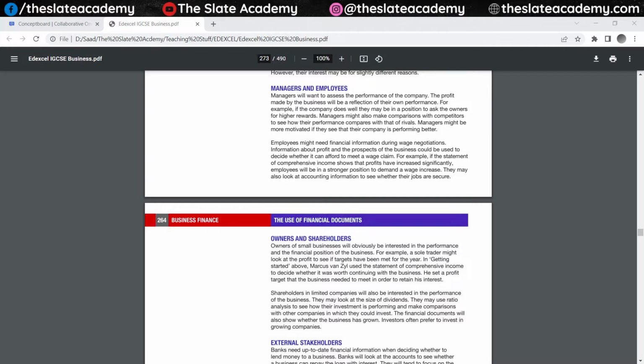The bonuses of employees and managers are usually tied, they have a component of their pay which is called performance related pay. Do you remember? Performance related bonuses. So you'll get this bonus only if you achieve this target, right? So how would they see whether they have achieved those targets, or whether they're entitled to those bonuses or not?